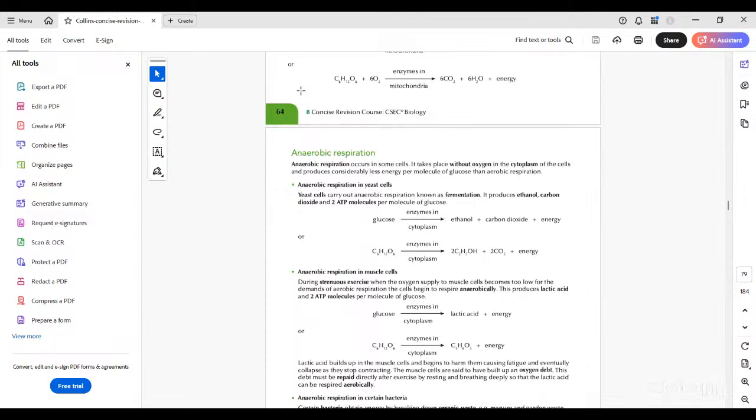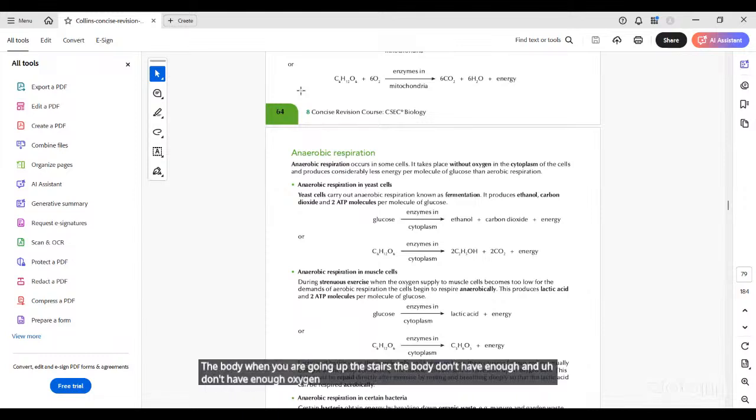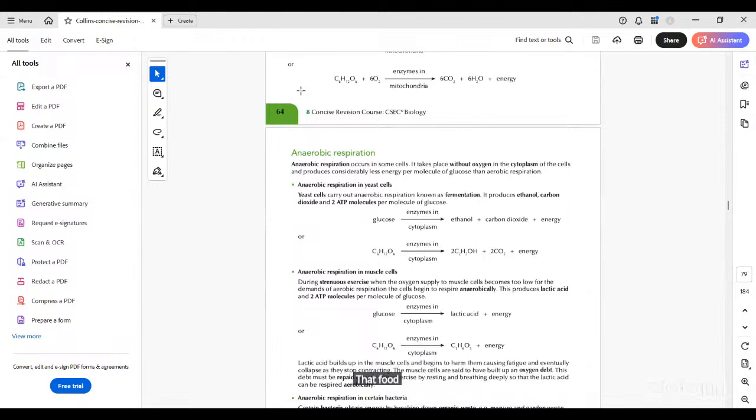Yes, sir. Okay. So what happens is that when you are going up the stairs, the body doesn't have enough oxygen to break down that food molecules. So therefore, the body now starts to use anaerobic respiration, right?